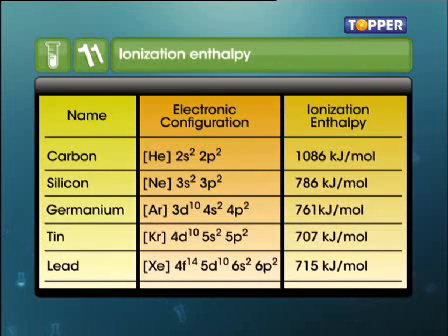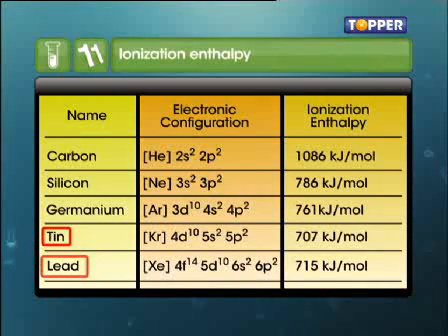Ionization enthalpy decreases down the group. However, as you can see, there is a slight increase in ionization enthalpy observed from tin to lead. This exception is due to poor shielding of the intervening d and f orbitals.